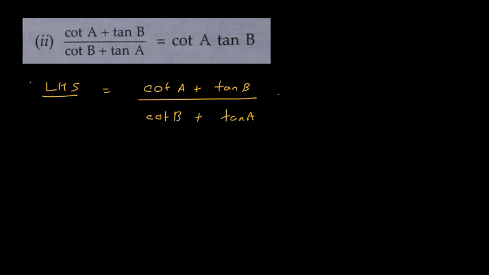Okay, but in the numerator we have cot A tan B and cot B tan A. It's strange. So what will be the solution?